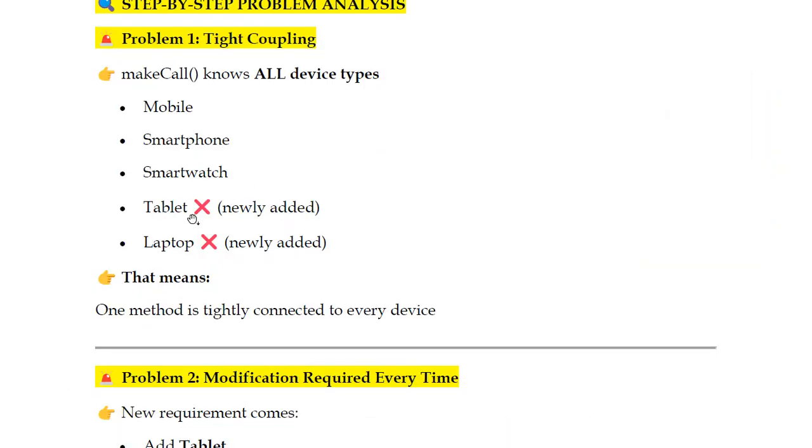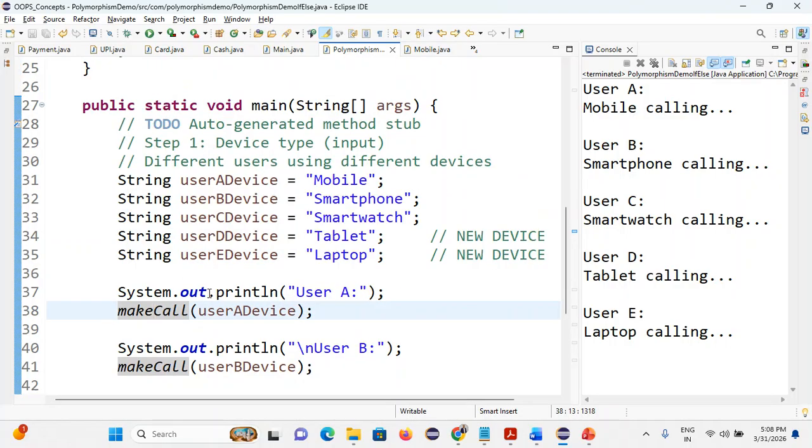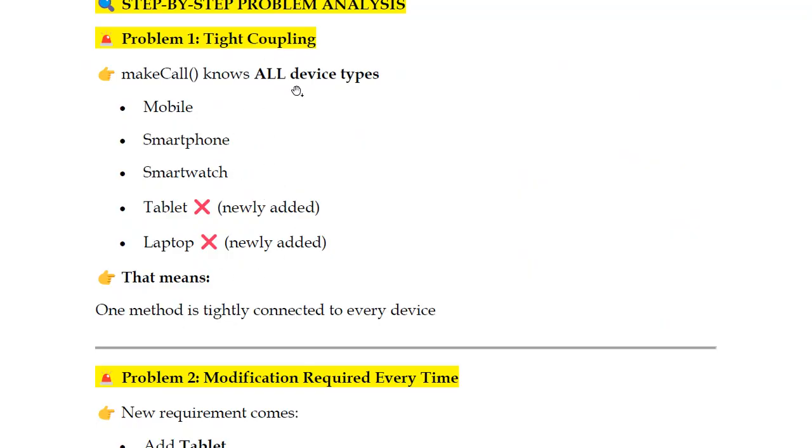If you're newly adding a tablet or laptop, that means one method is tightly connected to every device. This make call method is connected to all the devices, completely interconnected with these devices. So what's the problem if it is tightly connected like this?